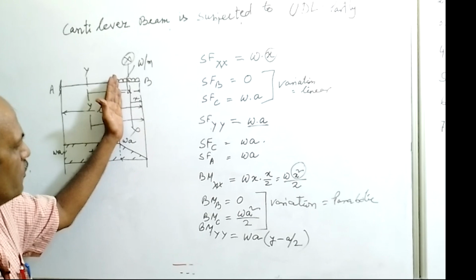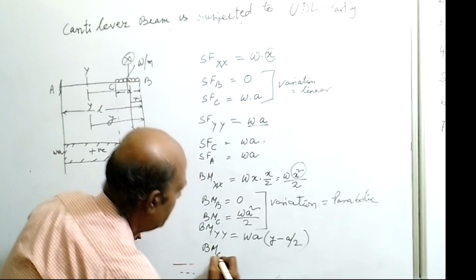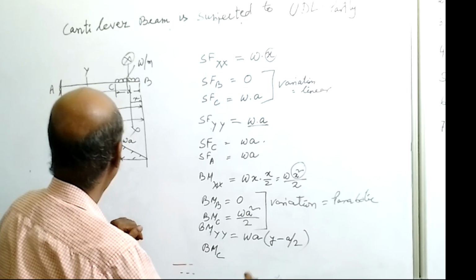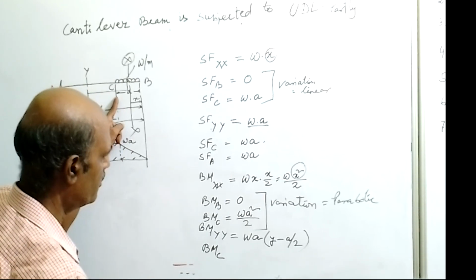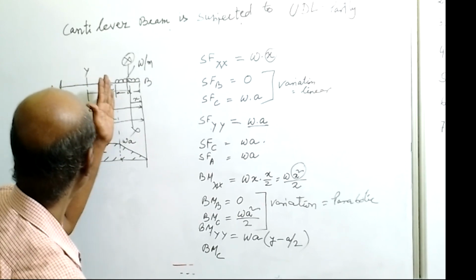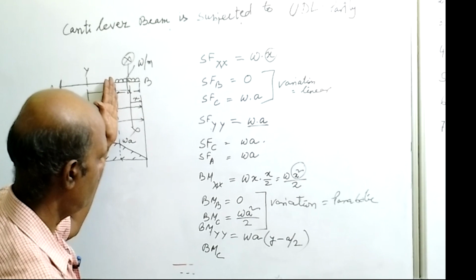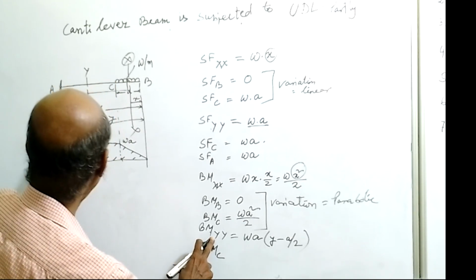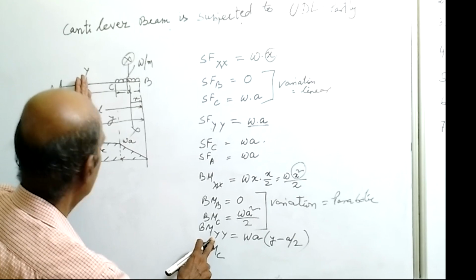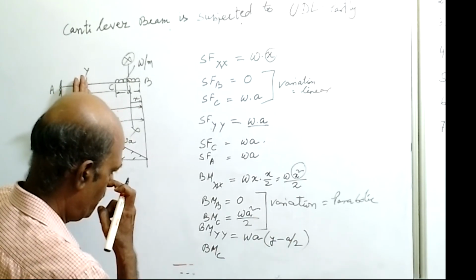Now slide the section to point C. It will give the bending moment at point C. If we slide the section here, the y value will be a. The bending moment at YY is W into a into y minus a by 2.